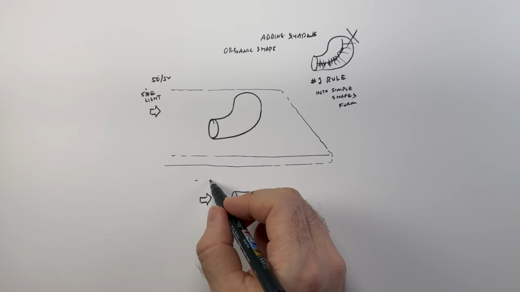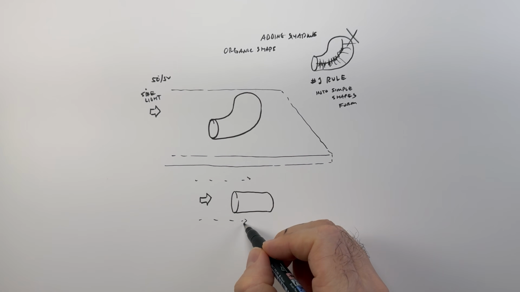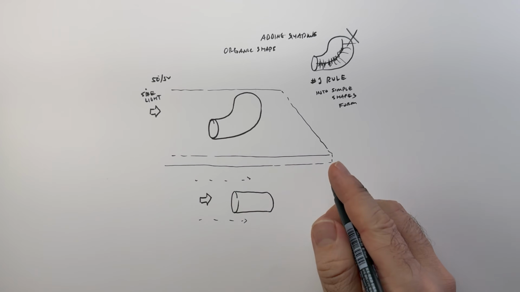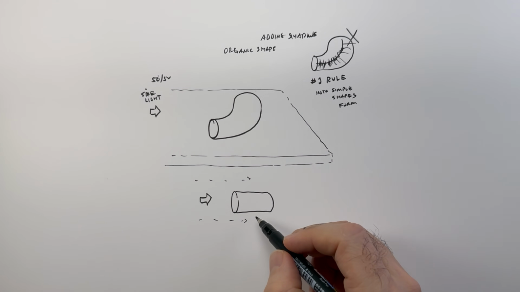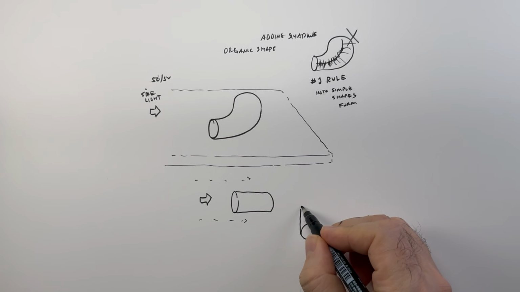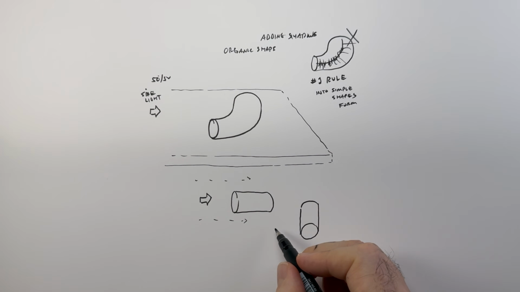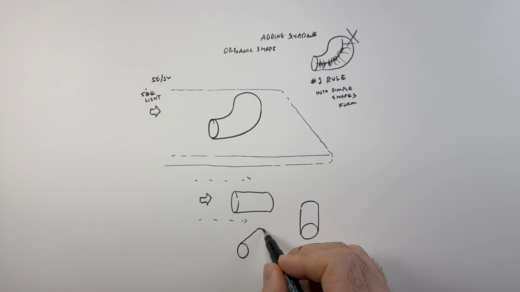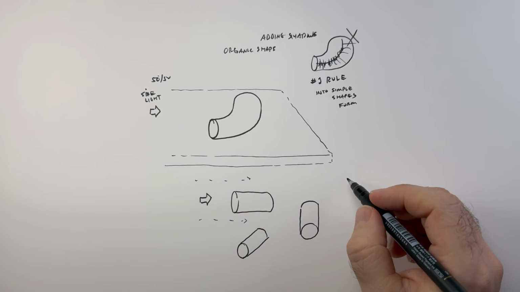It's basically going the same exact direction as the light. So we'll look how that works. I also see this form, and then I see this form. Okay? And I'll show you.